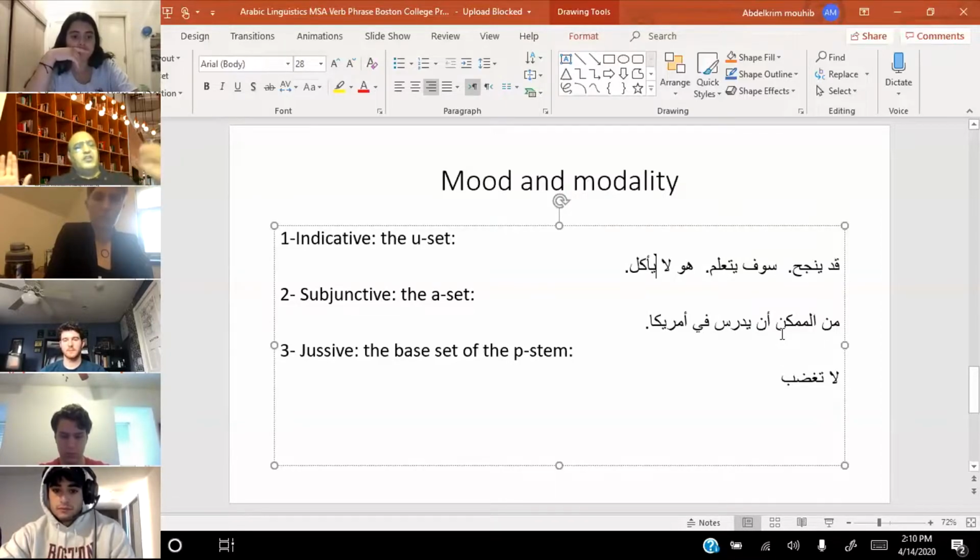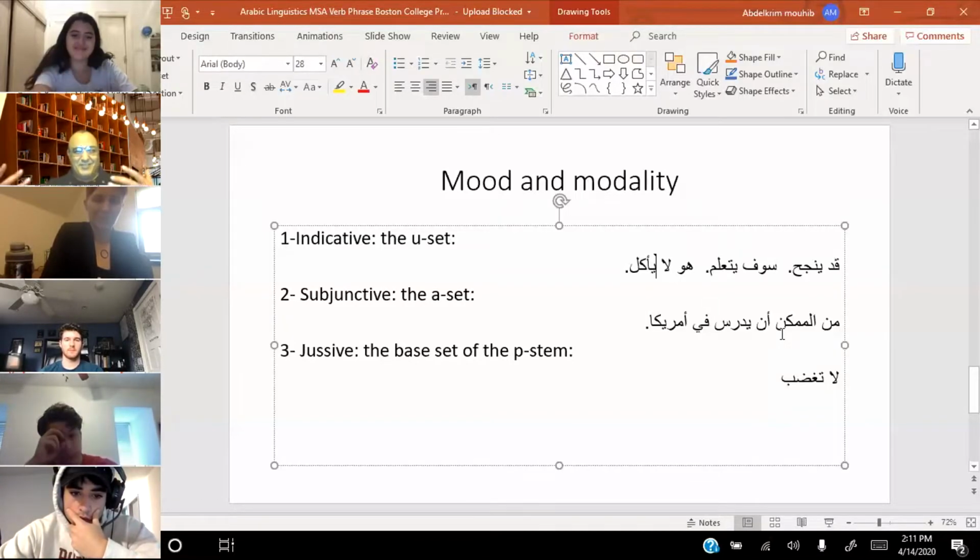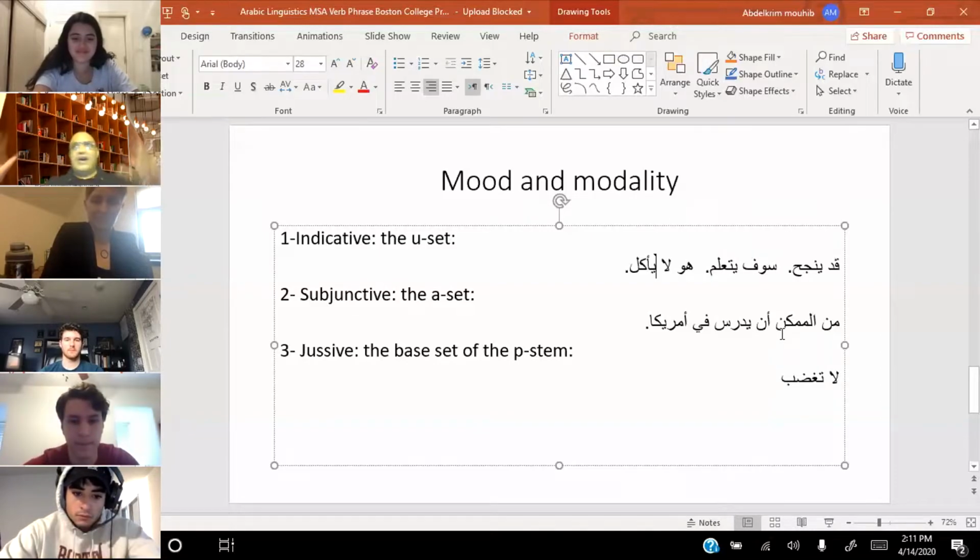In the indicative, it will sound like هو لا يأكل, right? That's the u-set. But because the verb is in the imperative, originally it's اغضب in the affirmative form. But no one would say to someone اغضب, right? Get mad, lose your control. It's not advice, right? So لا تغضب.